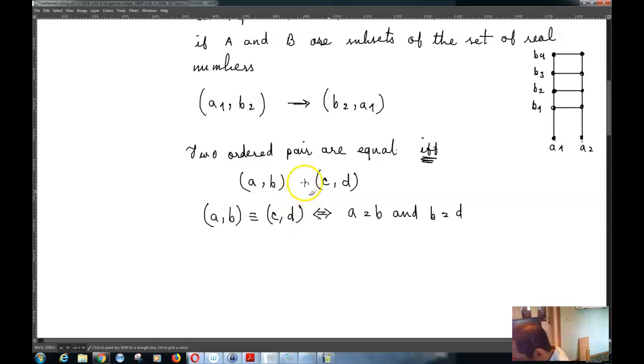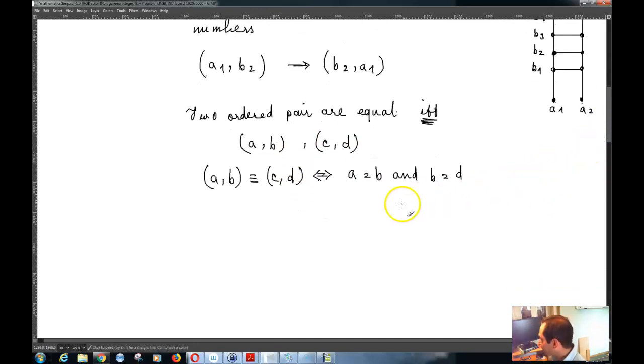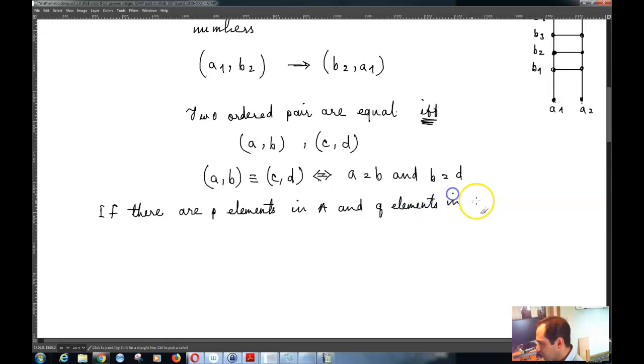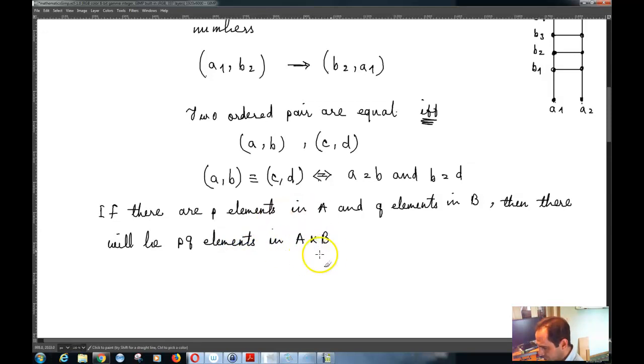And moreover, if there are p elements in A and q elements in B, then there will be p times q elements in A times B, or the Cartesian product of the two sets.